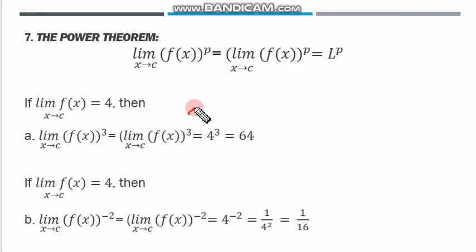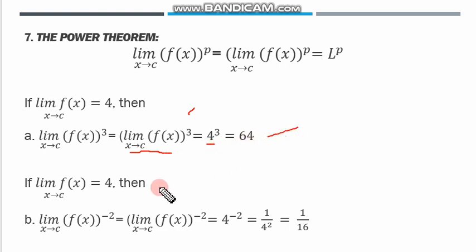Example, given here, the limit of f of x as x approaches c is equal to 4. So we are looking for the limit of f of x raised to 3 as x approaches c. So 4 cubed is equal to 64.